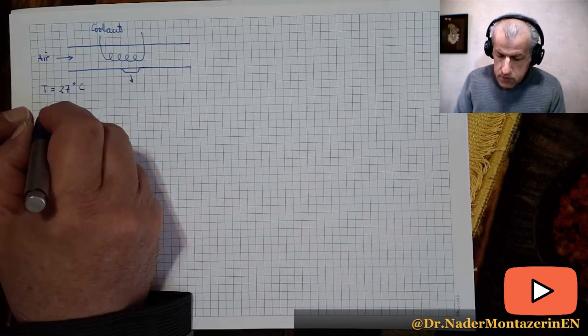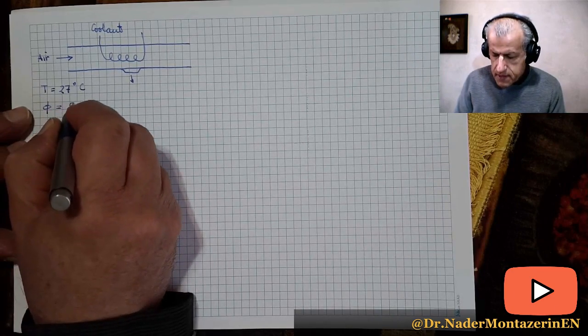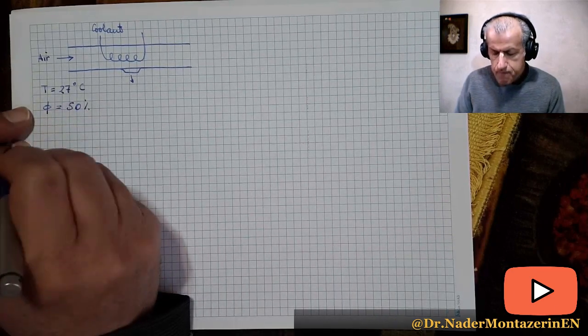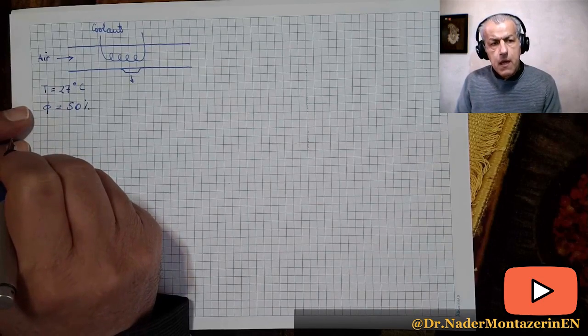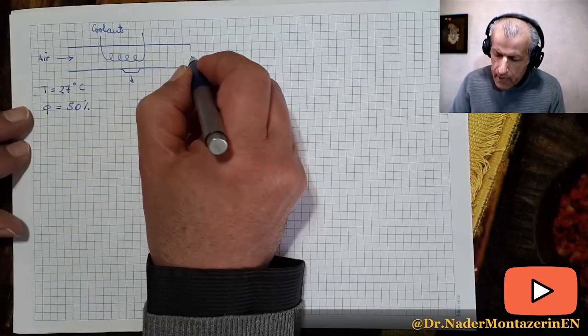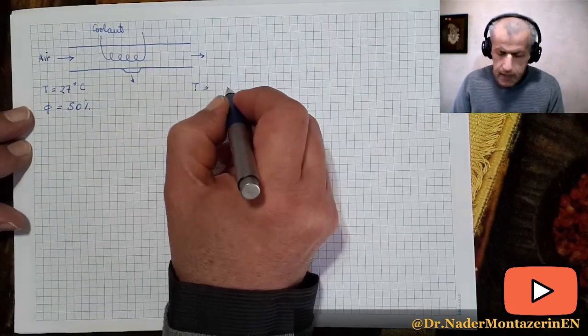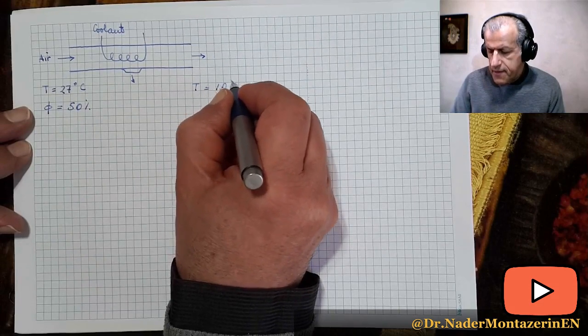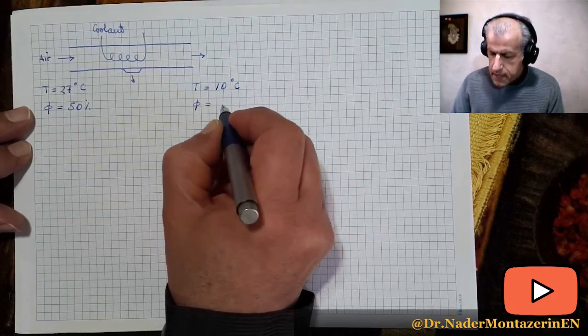And also its humidity, which is phi equals 50%. This is the incoming air, and the outgoing air that we wish to have, we also denote it with its temperature, and the temperature is 10 degrees C, and its humidity is 90%.